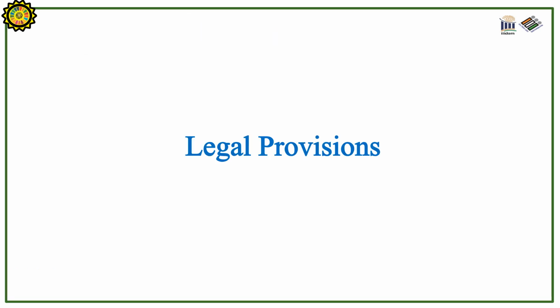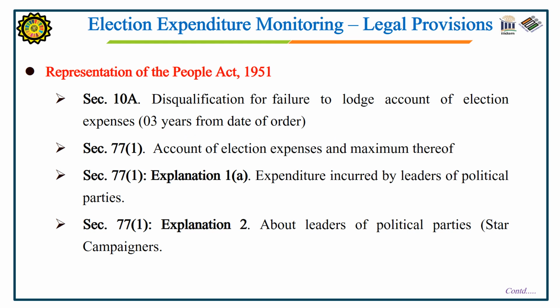Legal provisions. Now we will see various legal provisions which are important in election expenditure monitoring. First, we will see the sections under the RP Act 1951. Section 10A. It is about disqualification for failure to lodge account of election expenses. 3 years from the date of order.